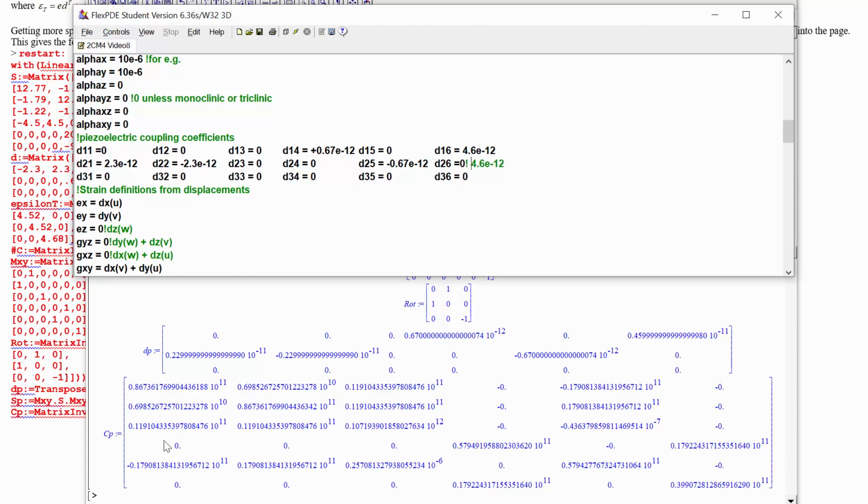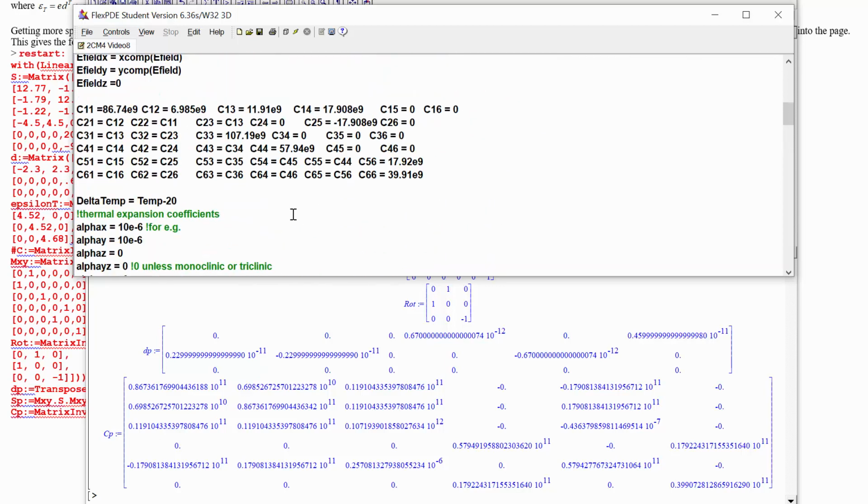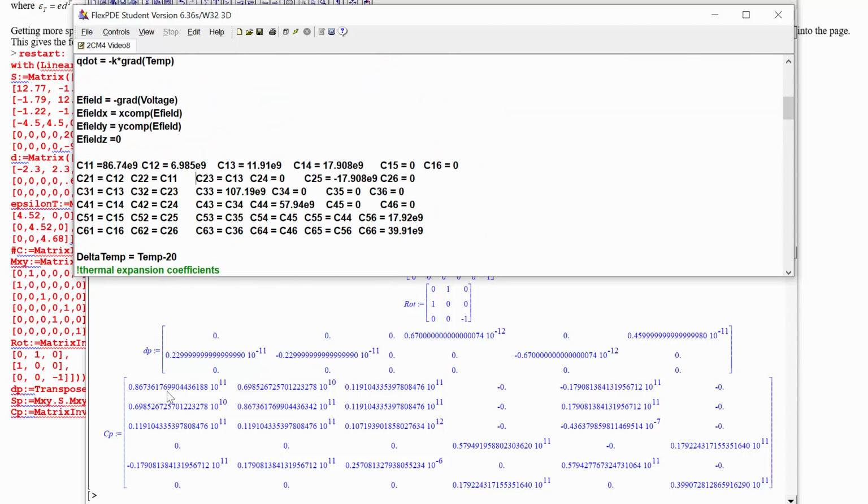As far as the C matrix, still 0.867 there and 0.698 there. For the X and Y swap, that's not surprising. Nothing going on differently here either in Z. Z's just moved to negative Z, so no change in terms of stiffness.